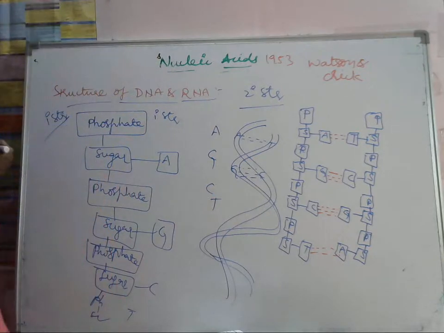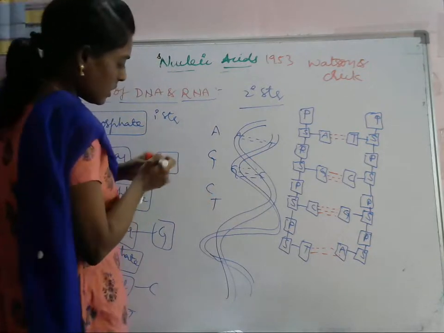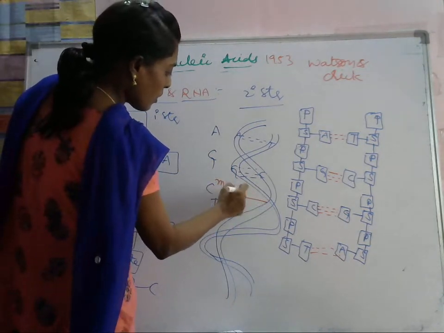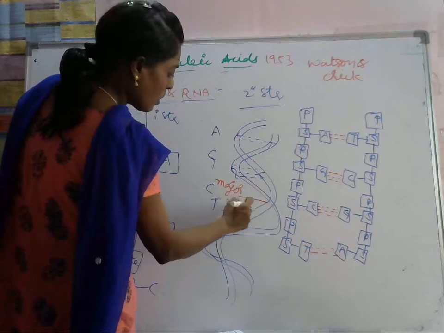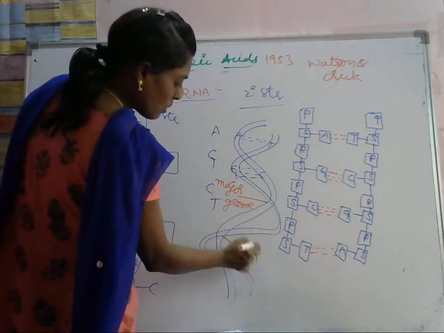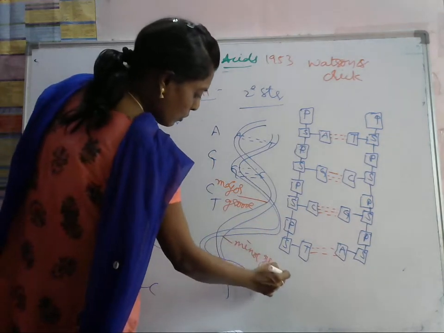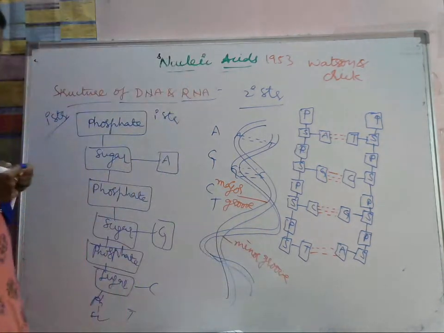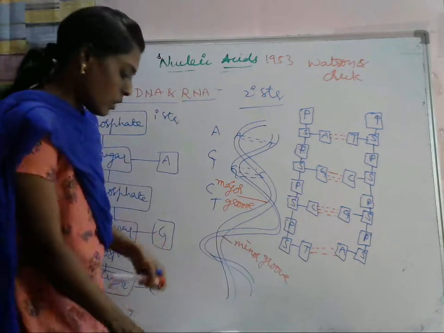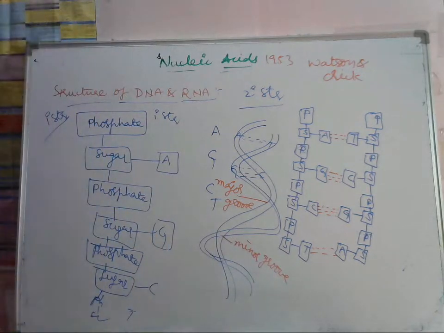Here this is a minor groove, this is a major groove, and this is a minor groove. Like this we have to write the secondary structure of DNA.